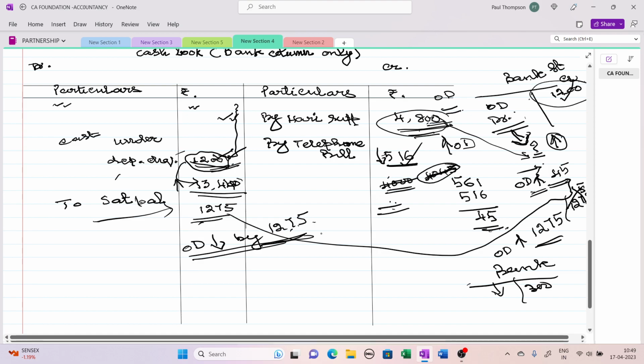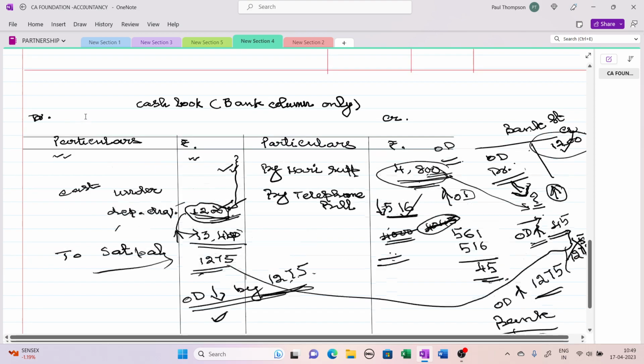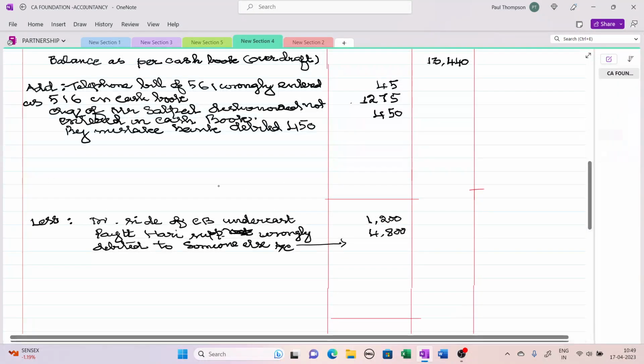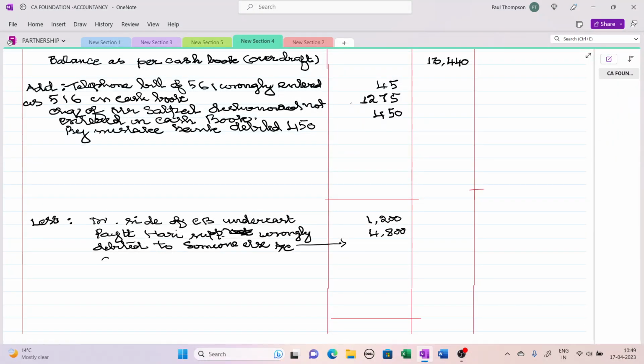So அது நமக்கு தெரியல. நமக்கு தெரிஞ்சிருந்தால் நாம் இங்கே போட்டிருந்தோம்னா நமக்கும் குறைஞ்சிருக்கும் நம்ம புக்லேயும். But we were not knowing. So dividend collected by bank. Bank has reduced our overdraft, collected by bank, 300.